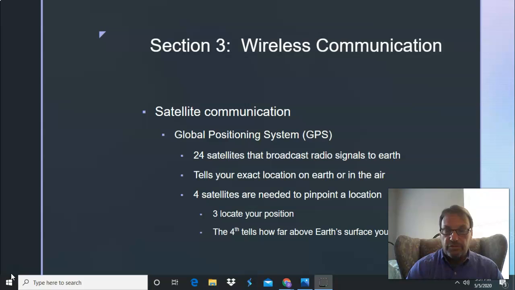So it is actually going to pinpoint you very, very precisely using that fourth satellite. So that's a little bit of a difference. But the GPS, or the Global Positioning System, will tell you your exact location on Earth or in the air. There are 24 satellites that broadcast radio signals to Earth. So that's quite a few of them.